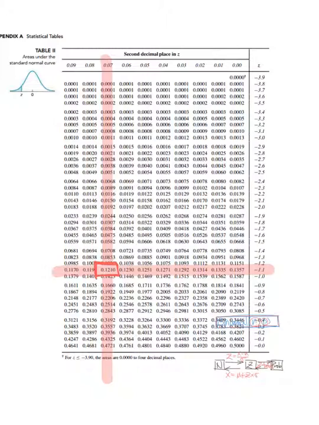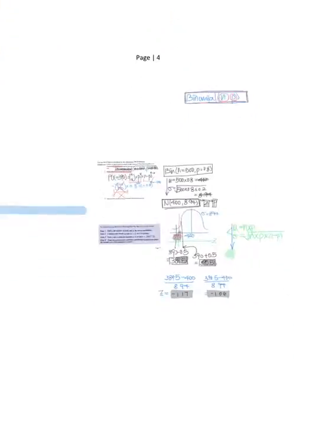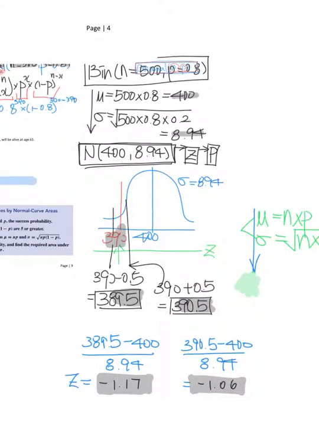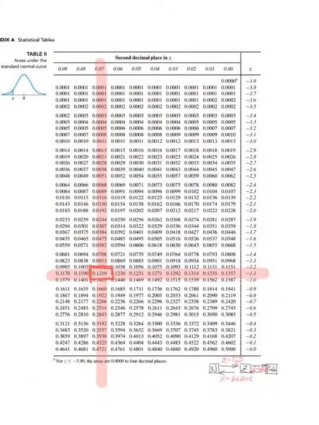Please keep the probability 0.1210. Let me take the other one, at negative 1.06. Negative 1.0 and 6.